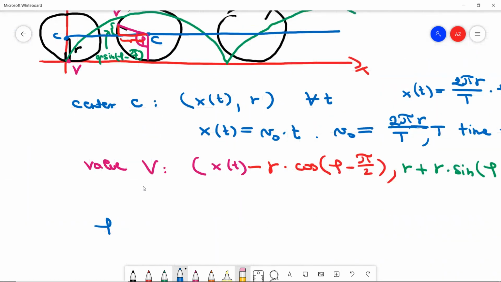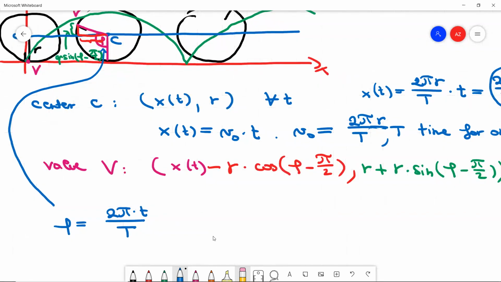This phi is just 2 pi times t over capital T. So x of t is then phi times r.